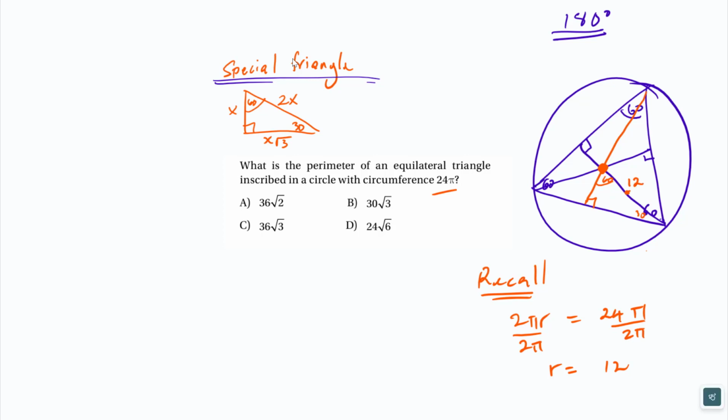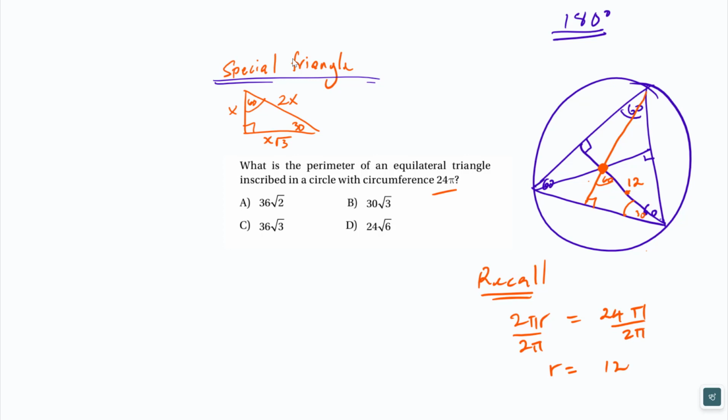Now if my radius is 12, I can use a special triangle trick. I can use my 30-60-90 triangle. I notice the side facing the 30 must be x, my hypotenuse is going to be 2x, and the side facing 60 is going to be x square root of 3. My 30 here is facing this side.